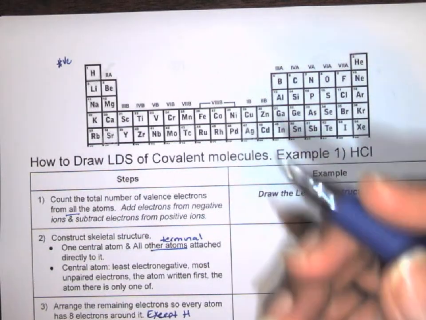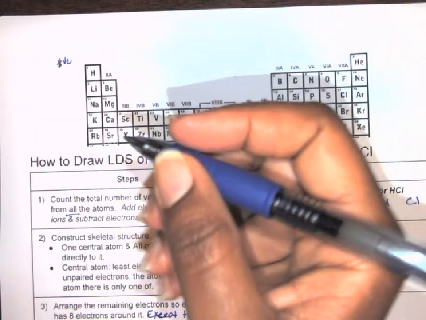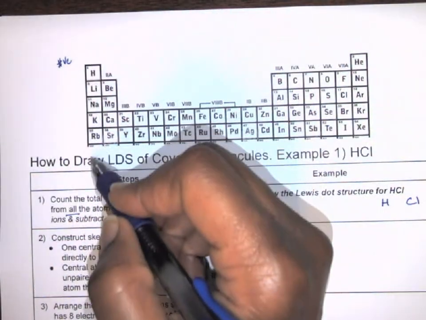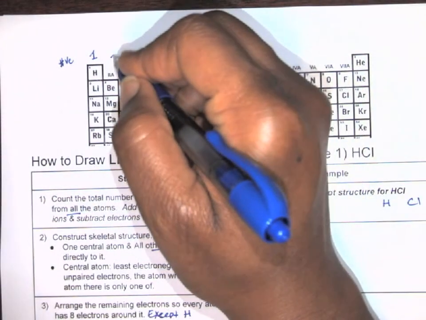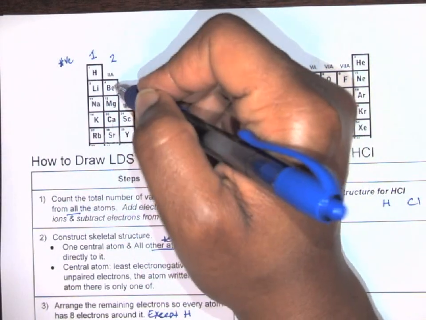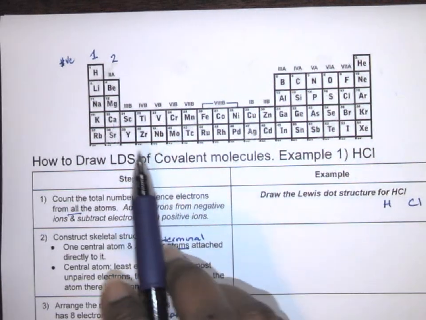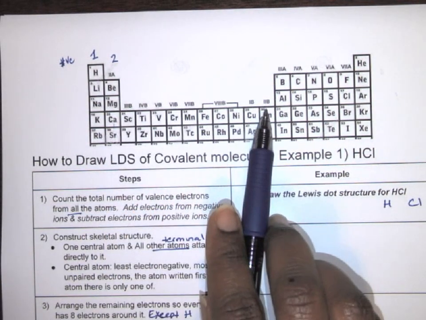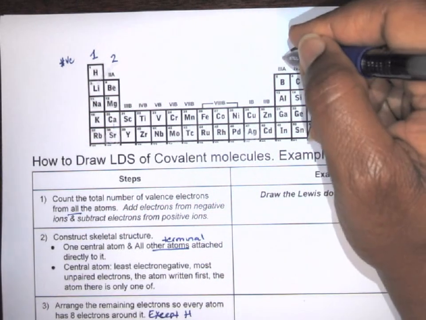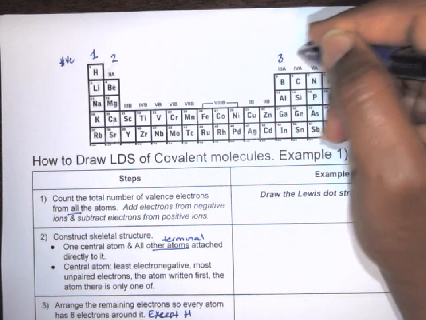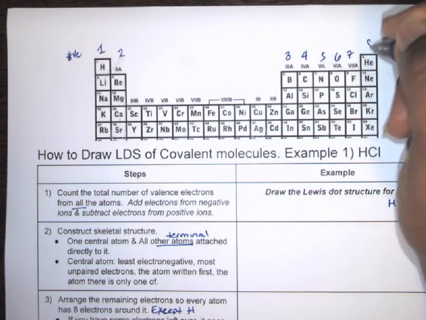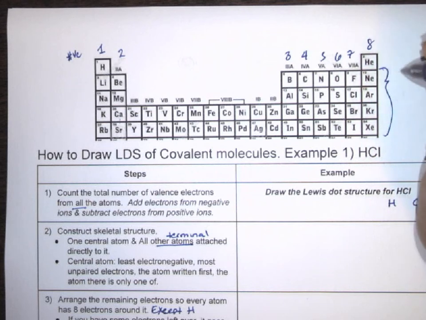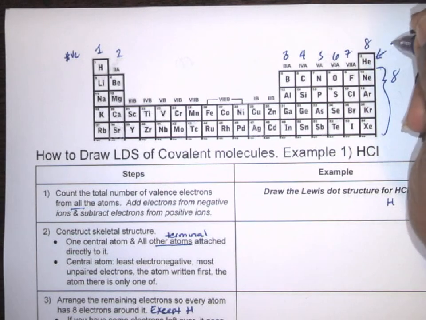The number of valence electrons sort of matches the group that it's in. For example, elements in group 1 have 1 valence electron. Elements in group 2 have 2 valence electrons, like beryllium and magnesium, and so on. We skip our transition metals, go straight over to group 13, which starts with boron. This one has 3, and 4, 5, 6, 7, and 8 for most of these. Of course, helium just has 2.